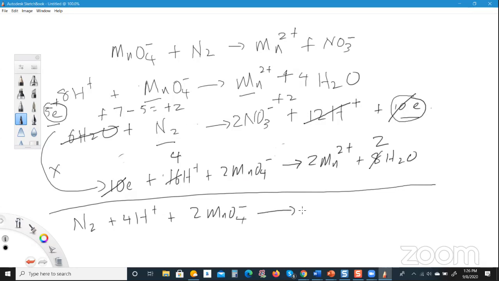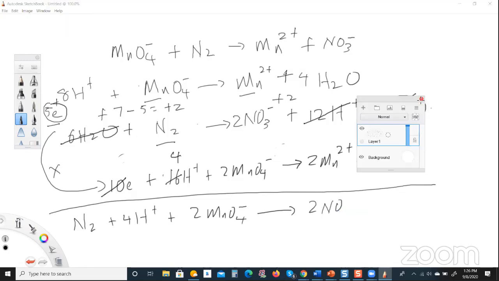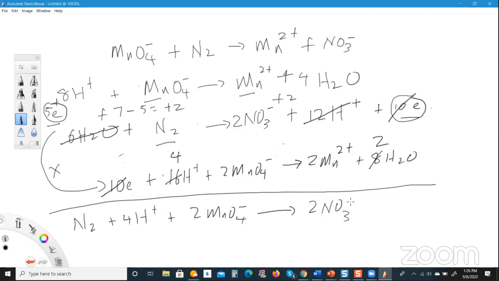And then on the right side, you're going to have 2 NO3 minus plus 2 Mn2 plus plus 2 H2O. And that should be the final answer.